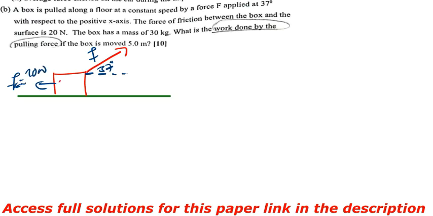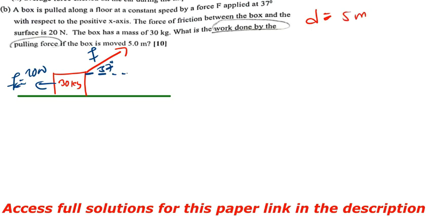The mass is 30 kgs. The next thing that we have to do is to start working with the forces in the x direction. The distance traveled by this box is 5 meters.